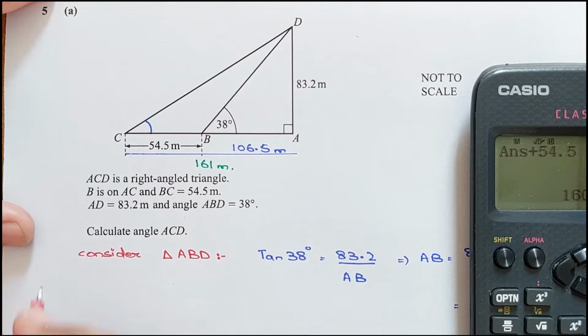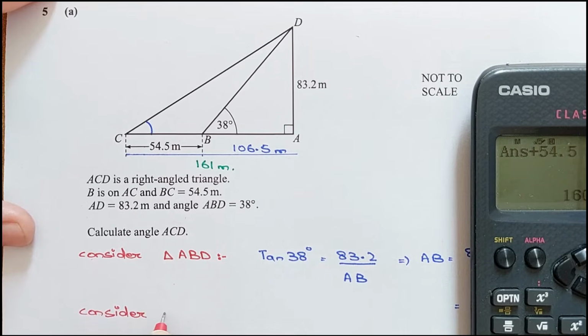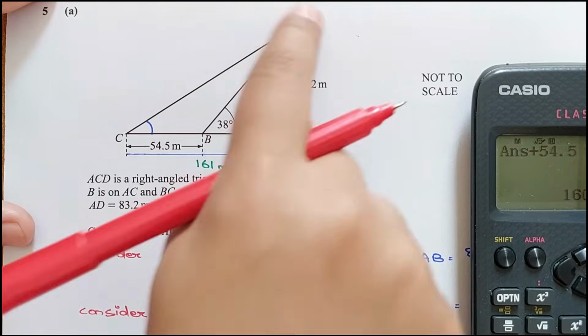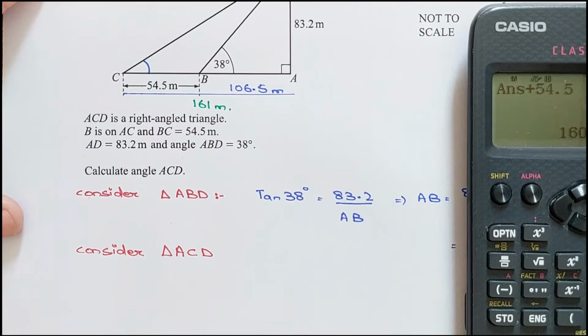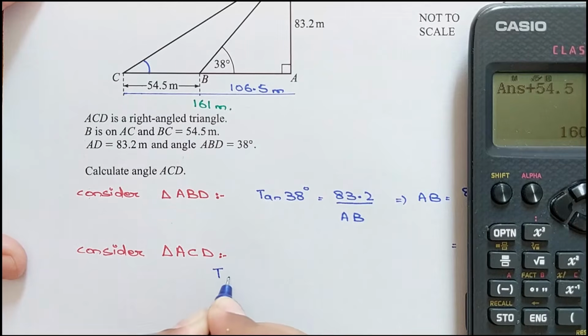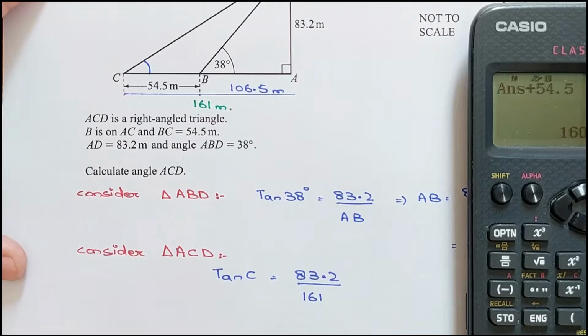All right, now let me calculate. Consider the triangle ACD. This angle we have to calculate. We have opposite and we have adjacent. Applying the ratio for tangent again, we can say tangent of angle C is the opposite, 83.2 meters, over the adjacent, 161 meters.